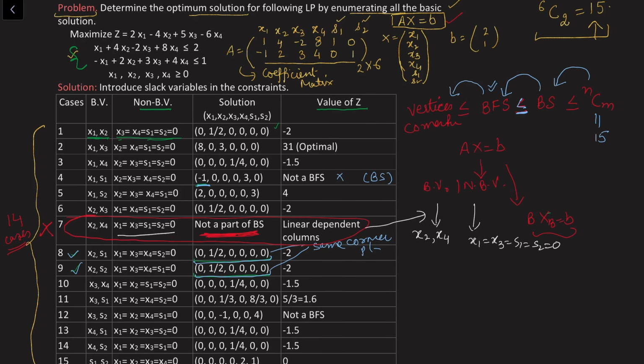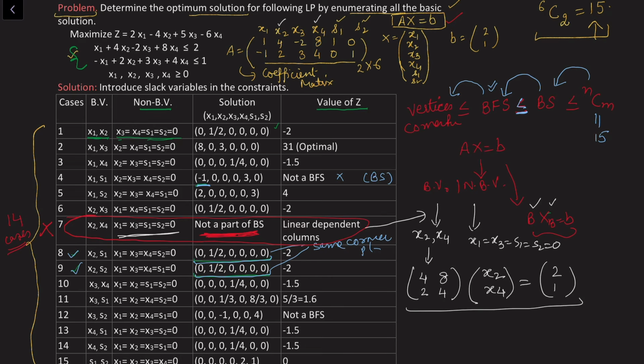This is what is written here. Now, corresponding to this, what is the B matrix? If I look at the columns x2 and x4, this is 4, 2, and then I have 8, 4. This is multiplied by the corresponding decision variables x2, x4, and my right hand side is 2, 1. Now, if I want to solve this system, you can see that these two columns are linearly dependent.